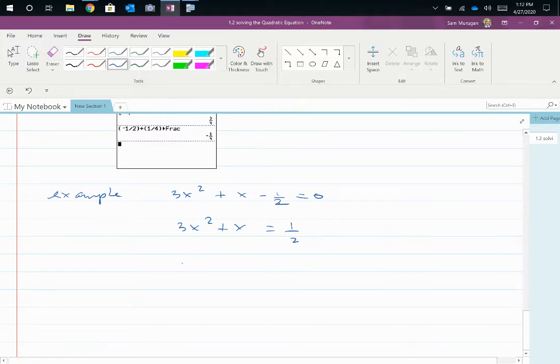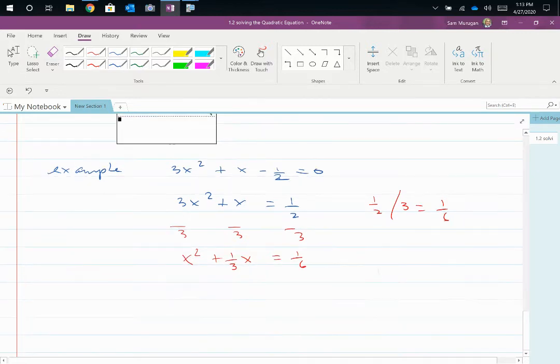Then we divide everything by 3, because we have to clear the 3 from the coefficient and make it into 1. So we now have x squared plus 1 over 3x, and half divided by 3 is equal to 1 over 6. So this is 1 over 6.